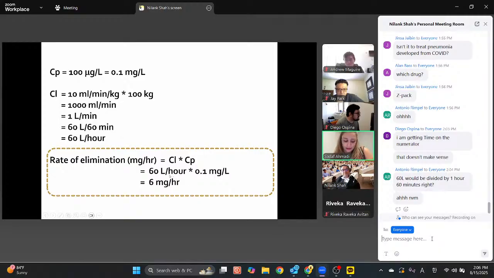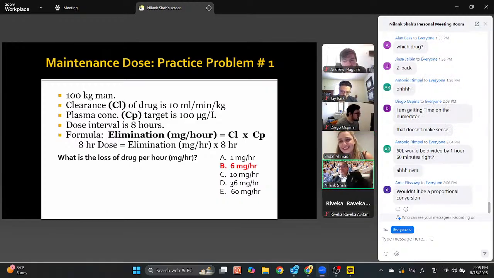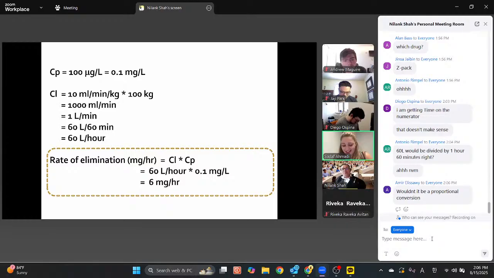Then I multiplied 0.1 milligram by 60 minutes per hour, and that gave me 6 milligram per hour. Because the question is only asking for the loss of drug, we don't have to multiply that by the 8 hours dose, I believe.